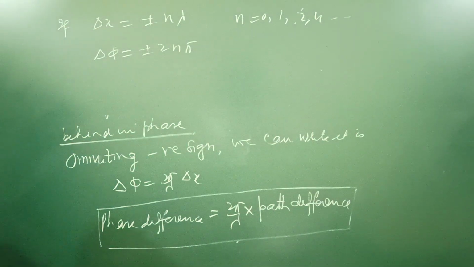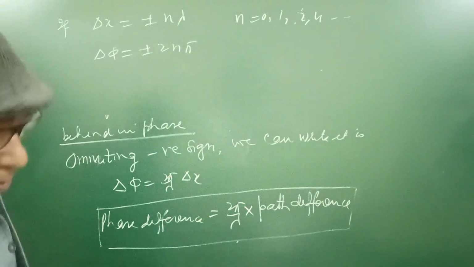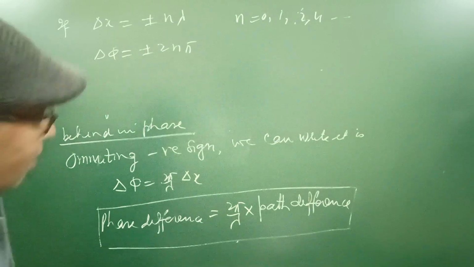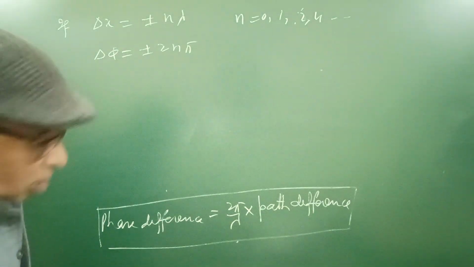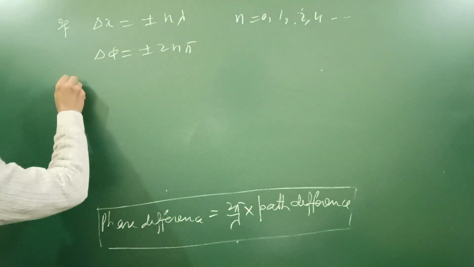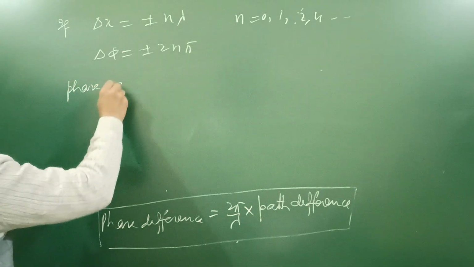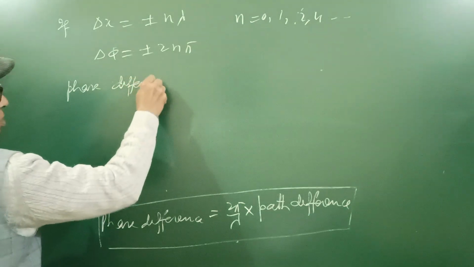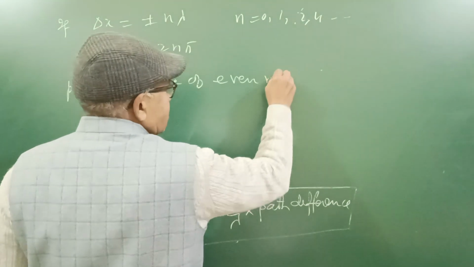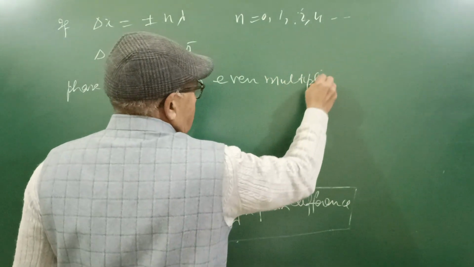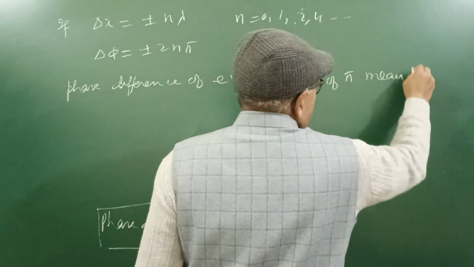A phase difference of plus minus 2n pi, that is an even multiple of pi, means same phase.